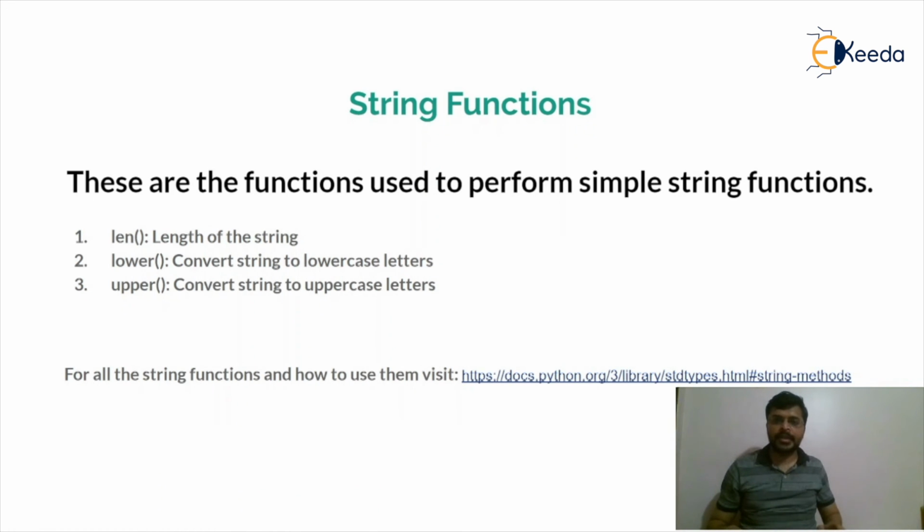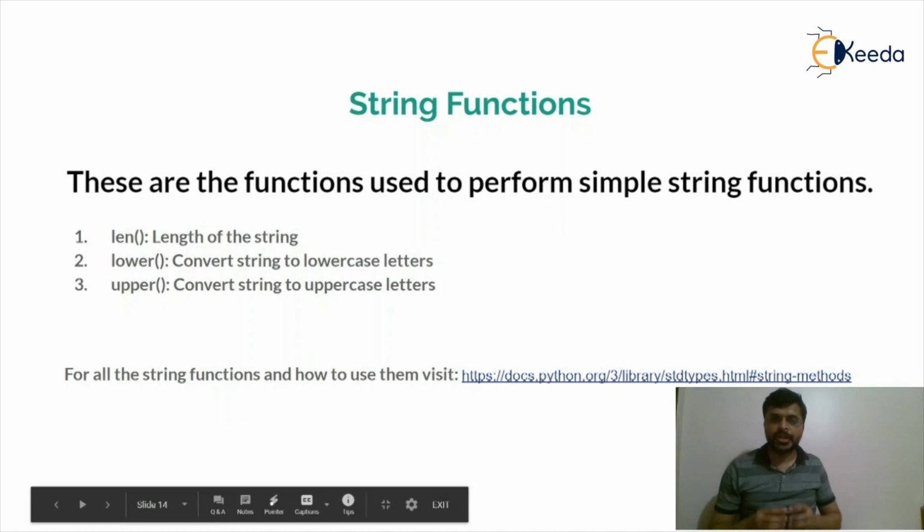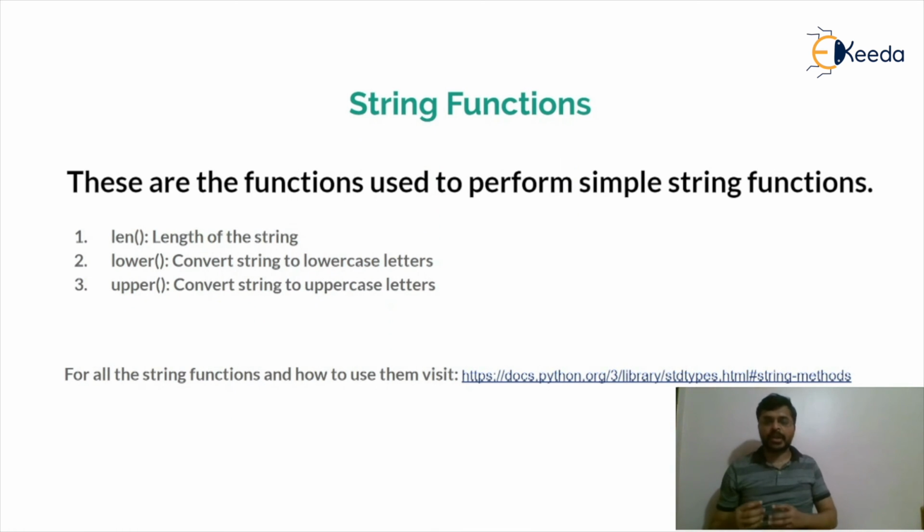Now let's see the different types of functions that we can apply on strings. Functions are nothing but a kind of block in a Python program that we will see how to create and use later on. For strings, there are some inbuilt functions that we can directly apply, like length, which is used to get the length of the string, basically the number of characters inside a string.